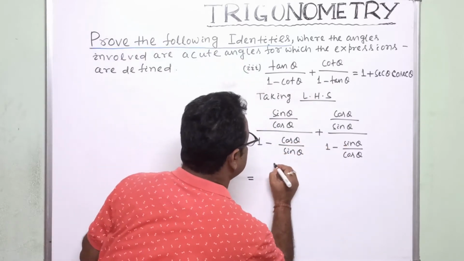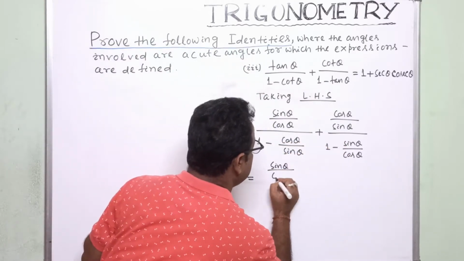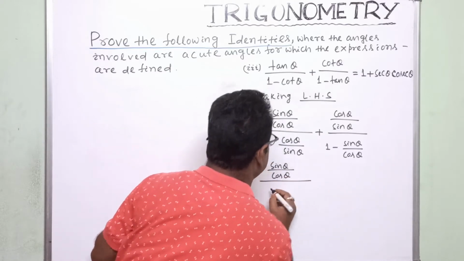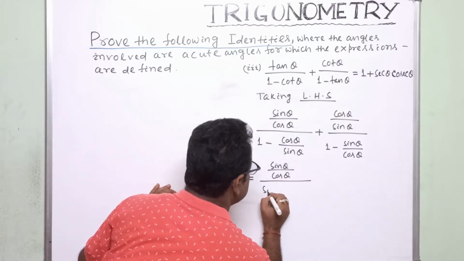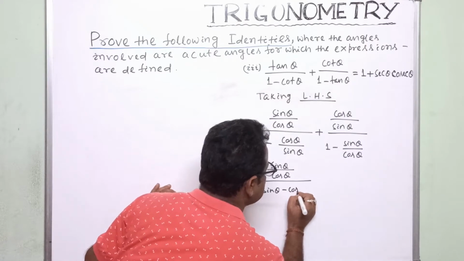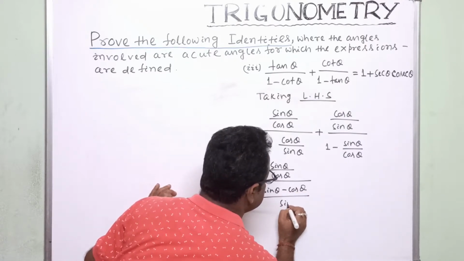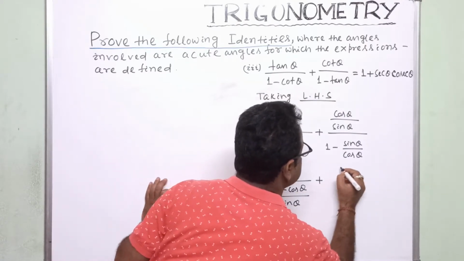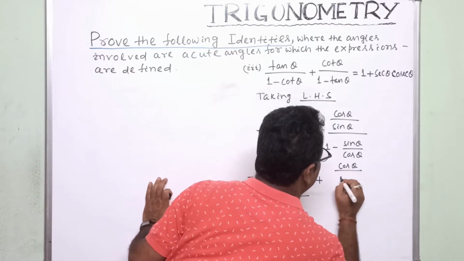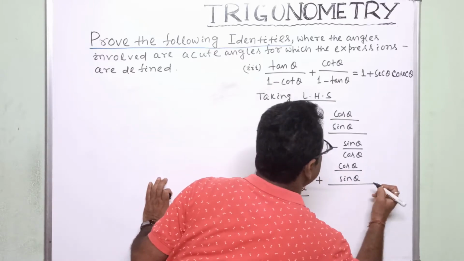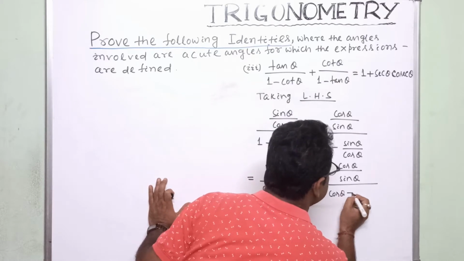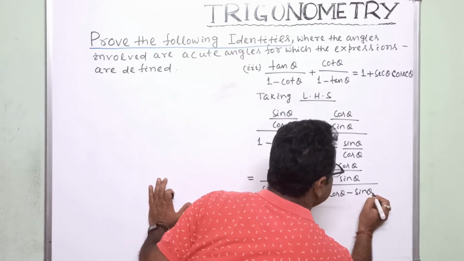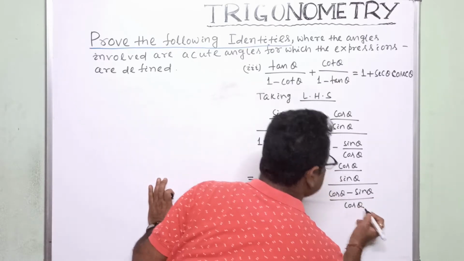That is equal to sin theta by cos theta, whole divided by (sin theta minus cos theta) by sin theta, plus cos theta by sin theta, whole divided by (cos theta minus sin theta) by cos theta.